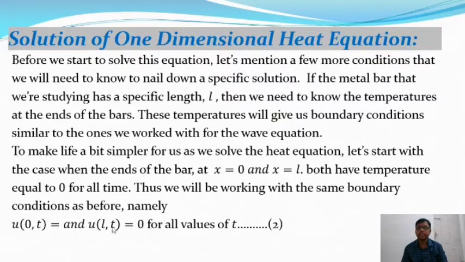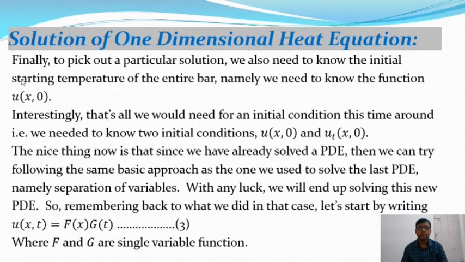So this is the boundary condition as in the wave equation, and in the heat equation the boundary conditions are the same: u of 0 comma t and u of L comma t are equal to 0 for all values of t. Therefore, finally we pick out the particular solution, and we also need to know the initial starting temperature of the entire bar, namely the function u of x comma 0.